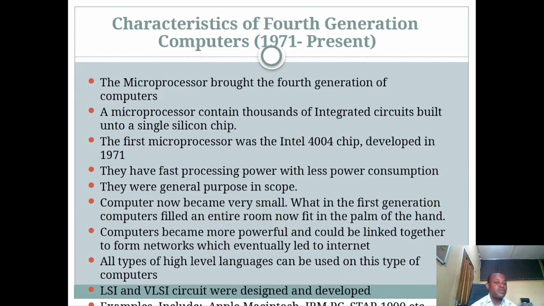The first microprocessor was the Intel 4004 chip, developed in 1971.